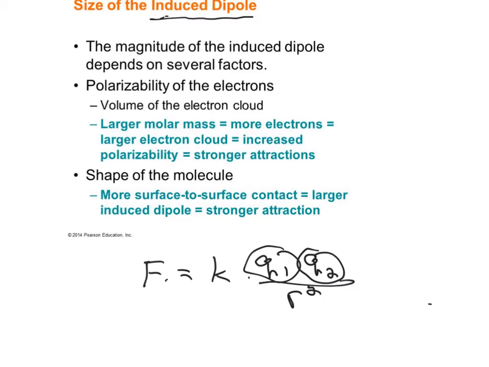In fact, the effective nuclear charge holding those electrons gets weaker. If you add more electrons and make them more weakly held, you can lead to polarizability and get a stronger induced dipole. So if it has a larger molar mass, it's going to have more electrons. If it has more electrons, it's going to have a larger electron cloud. If it has a larger electron cloud, it has increased polarizability and stronger interactions.